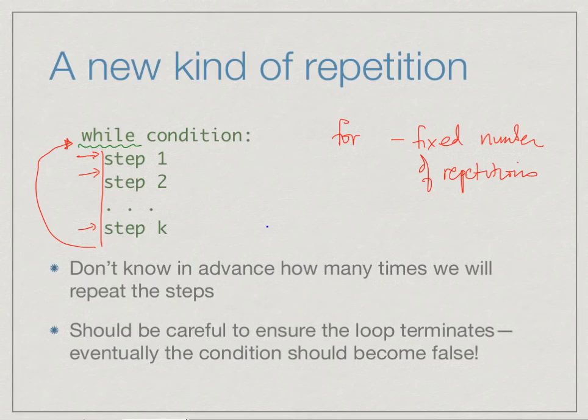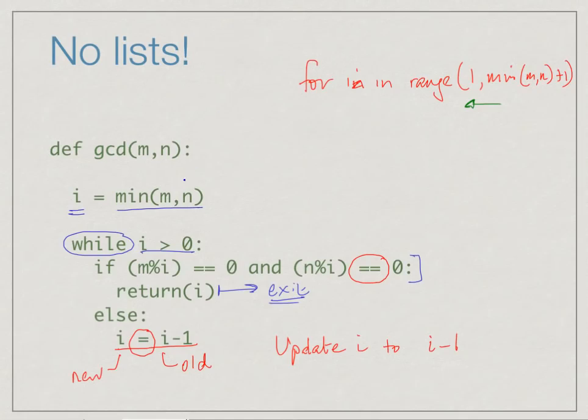So one of the problems that one could face with a while is that we keep coming back and finding that the condition is true. So we never progress out of the while. So long as the condition is true, these steps will be executed and then you'll go back and do it again. So if you have not changed something which makes the condition false, you will never come out. In our previous example, in order to make the condition false, we need i to become 0. So we start with the minimum of m and n. What we guarantee is that every time we go through this while and we do not finish what we wanted to do, we reduce i by 1.